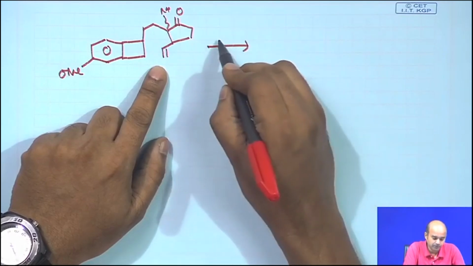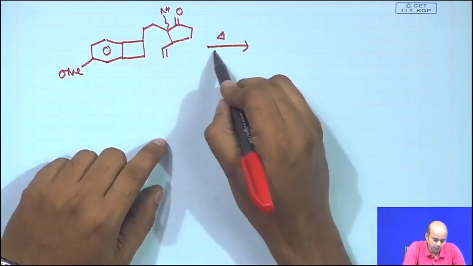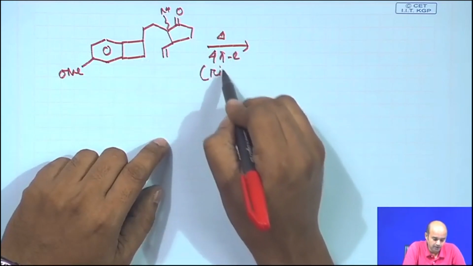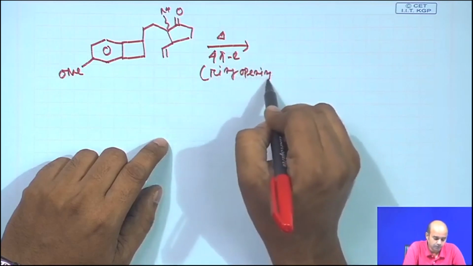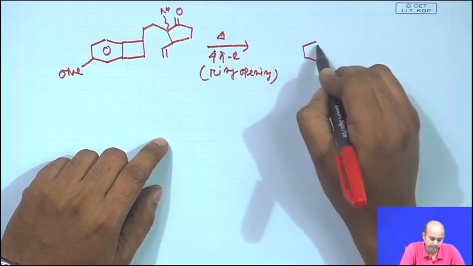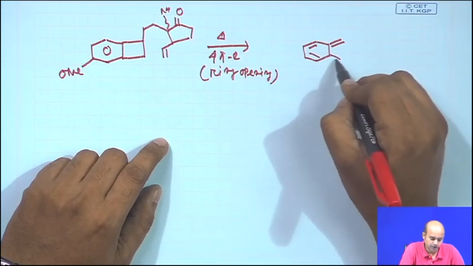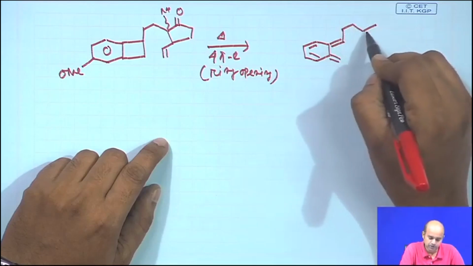So, next your thermal 4 pi electrocyclic ring opening takes place to give you the orthoquinodimethide structure.